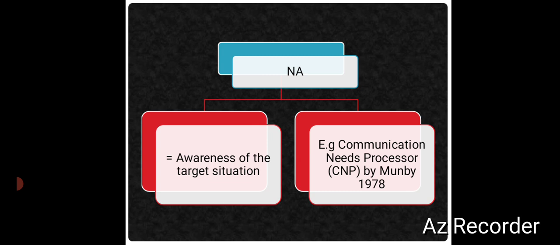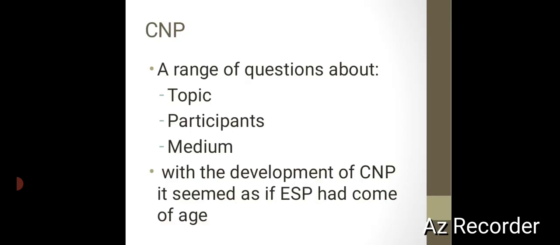CNP consists of a range of questions about the topic, the participant, the medium. And with the development of CNP, it seemed as if ESP had come of age. It's time for ESP to do the same thing, needs analysis.